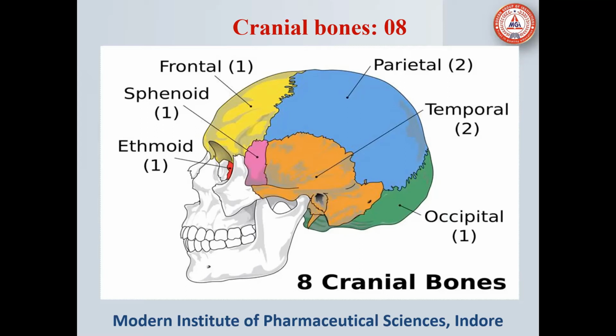There are a total of 8 cranial bones: 1 frontal bone, 2 parietal bones, 2 temporal bones, 1 occipital bone, 1 sphenoid bone, and 1 ethmoid bone. Now, first of all, we talk about the frontal bone.